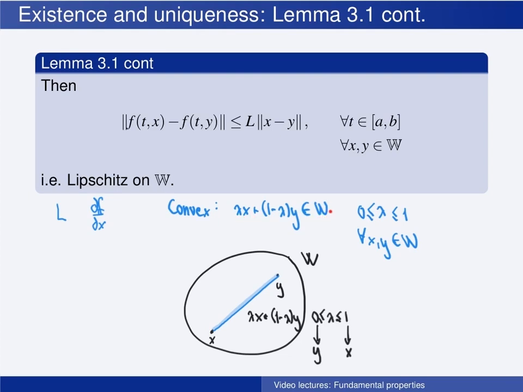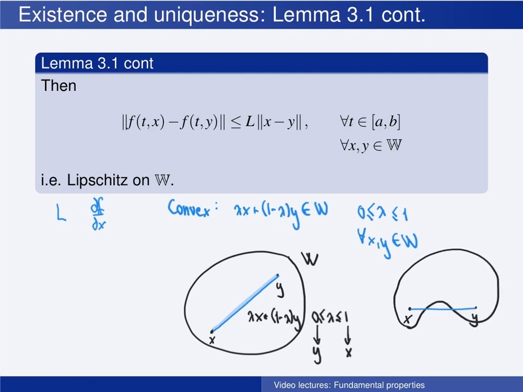In particular, the set is convex if the line segment is contained in W. And this should hold for all x and y in W. So the set is convex if the line segment between any 2 points in W is contained in W. This set, for instance, is not convex because we see that the line segment connecting these 2 points is not contained in the set, but it leaves it.